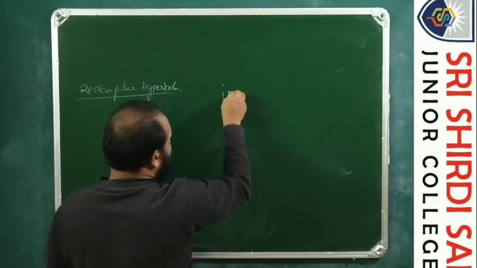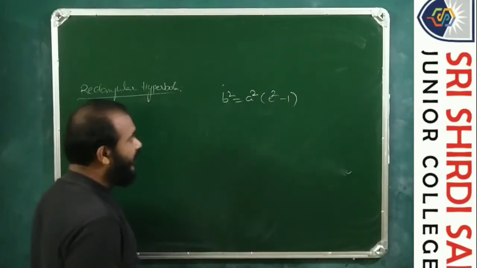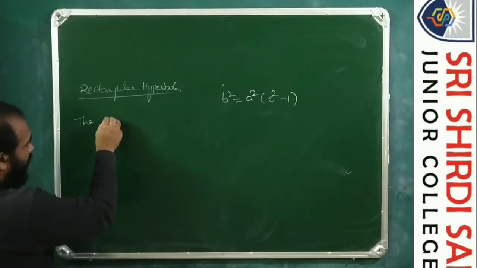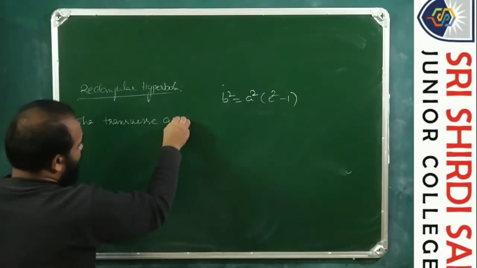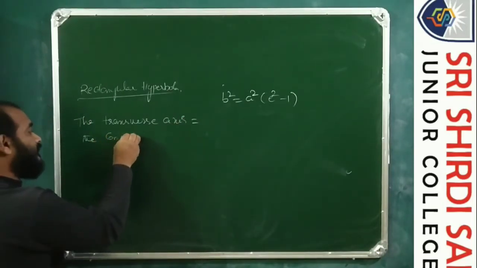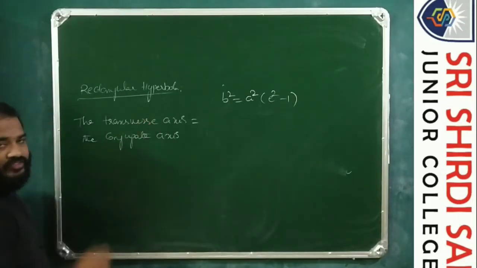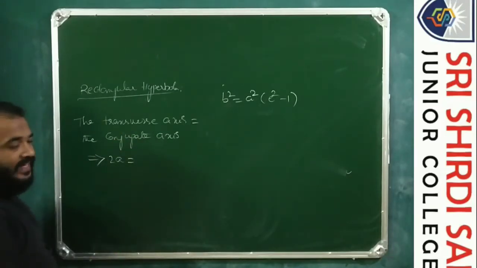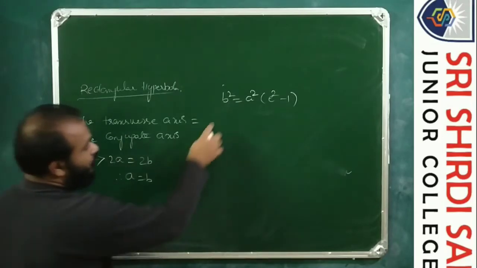Here b square equals a square into e square minus 1, and the transverse axis equals the conjugate axis. The length of the transverse axis is 2a and the length of the conjugate axis is 2b. From this, a equals b. So substitute here.